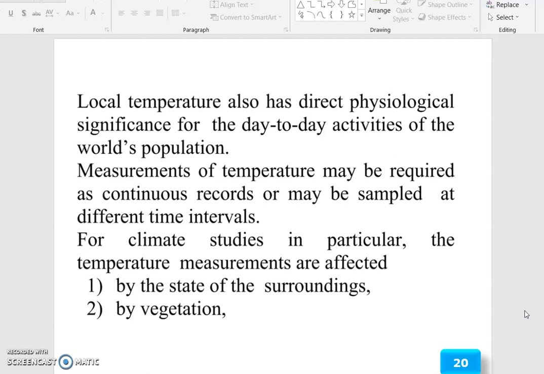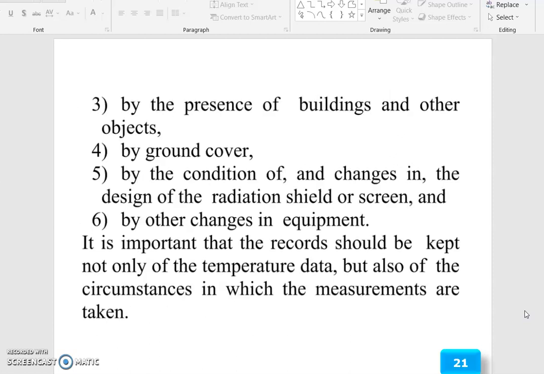Measurement of temperature may be recorded as continuous record or may be sampled at different time intervals. For climate studies in particular, the temperature measurements are affected by the state of the surroundings, by vegetation, by the presence of buildings and other objects, by ground cover, by the condition of and changes in the design of the radiation shield or screen, and maybe by other changes in equipment.